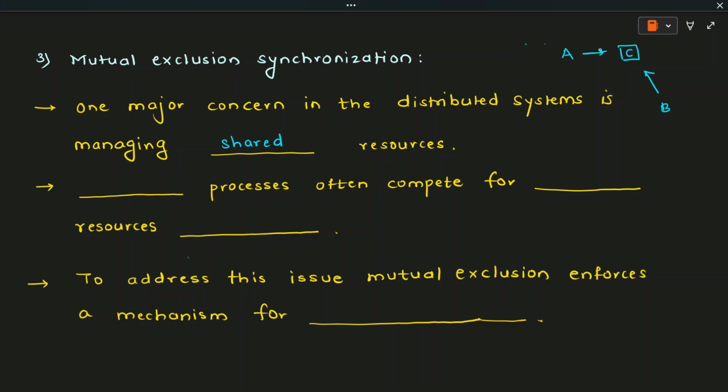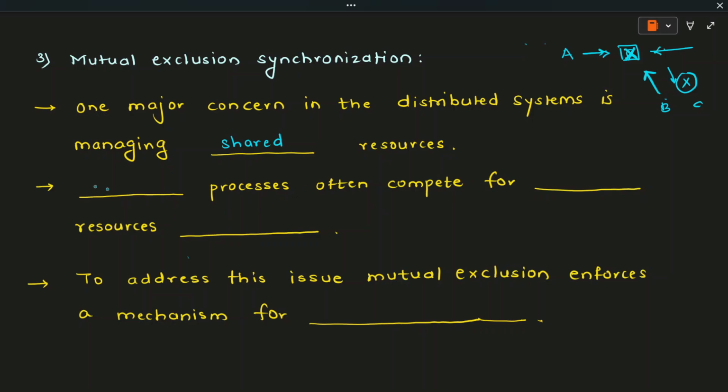Now device A wants to write something, X, over there, but device B parallelly wants to read that C. If device A has written X over there, then C will be overwritten. So whenever B tries to read the data, it will get X back. But what is expected is that device B should get C, right? There will be such problems in the shared environment whenever the resources are shared. So that is going to create a mess.